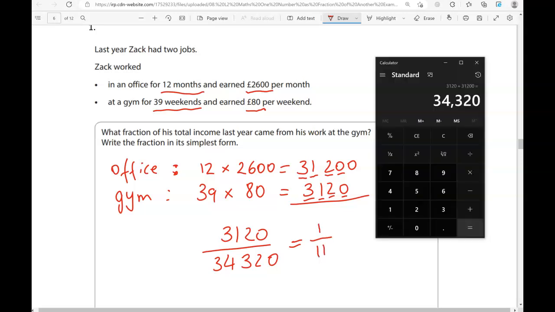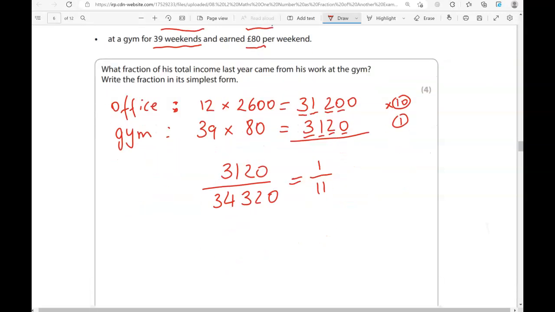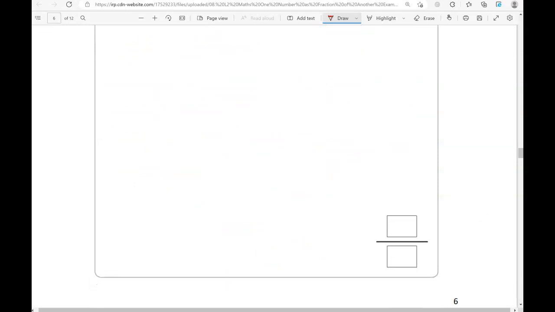We can double check. We can do 34,320 divided by 3,120, and it gives us 11. So we've divided both the top and the bottom number by 3,120, and that gives us 1/11.